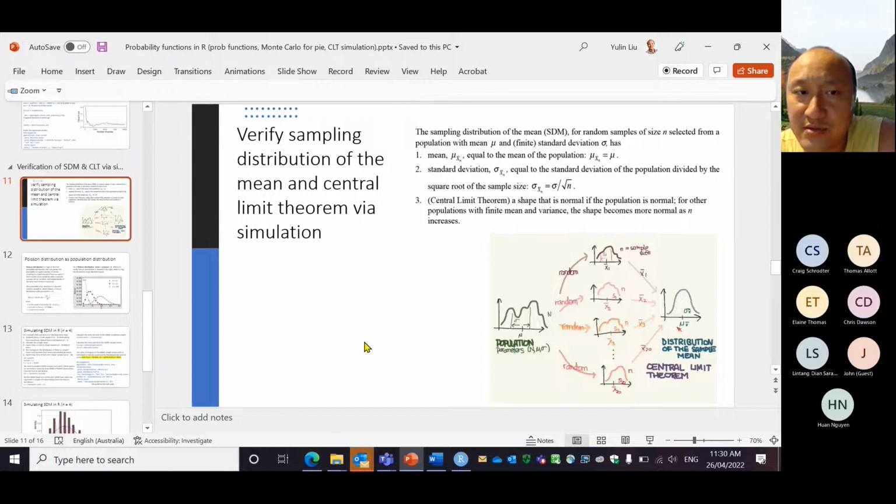That's the real power, kind of magical, because once we know a distribution's mean and variance, we know everything about this distribution, as long as it is normal. So according to the central limit theorem, we don't have to worry about the original distribution's shape.